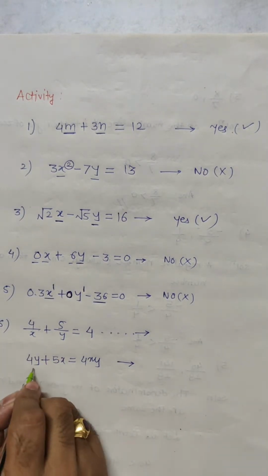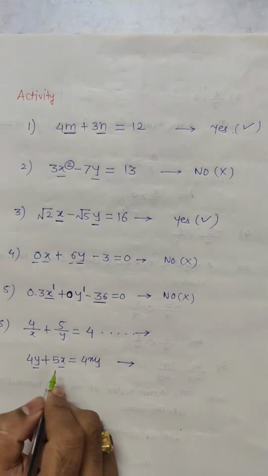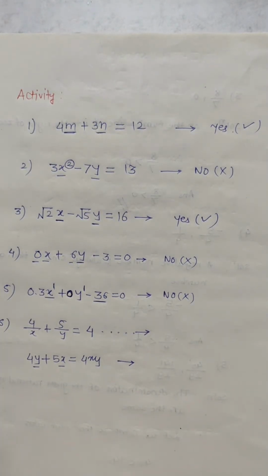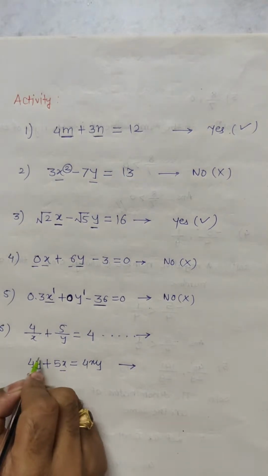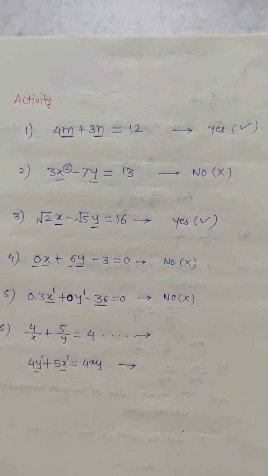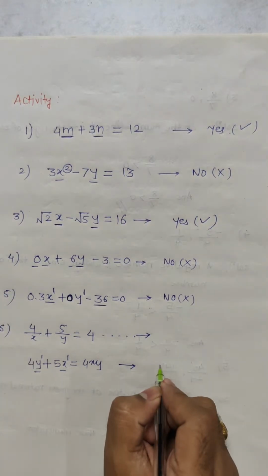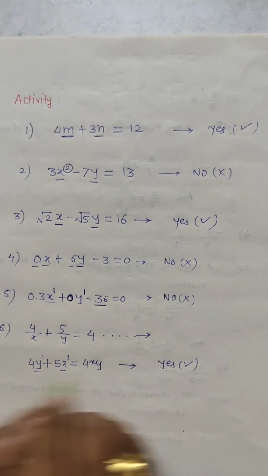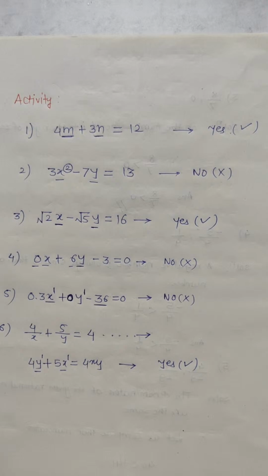Two variables are given to you, x and y. Other conditions will not matter because we have to consider only two conditions when checking a linear equation in two variables. The index of both the variables is always 1. Now the second condition: two variables x and y in the form. So it's a linear equation in two variables.